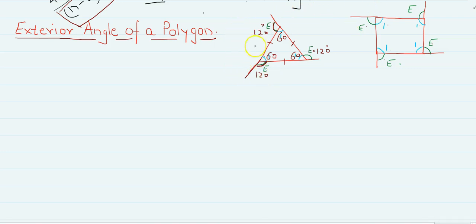So the sum of all 3 exterior angles of this triangle will be 120 plus 120 plus 120, that is 360 degrees. This we are talking about in terms of a three-sided polygon.